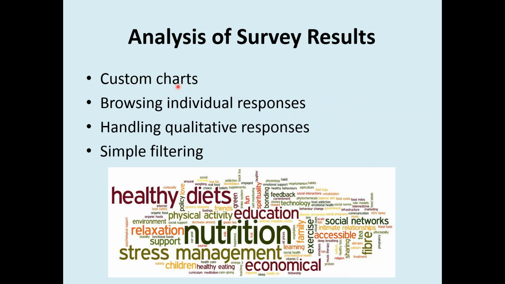So just like in Excel, you can filter by which tribe you're trying to look at or which age range, similar features. Browsing individual responses, say you really only want to know responses from clinic A, there's a way to filter through that. When you get qualitative responses, I know sometimes qualitative responses can be hard to break down, so you can actually select basic phrases and it'll show you how many instances that phrase appears.